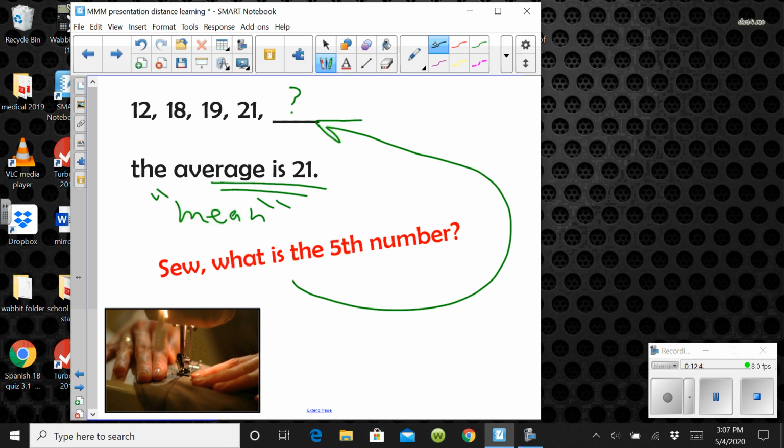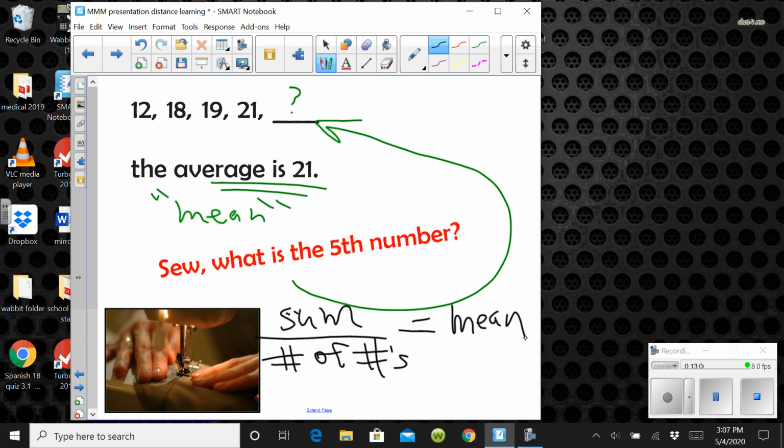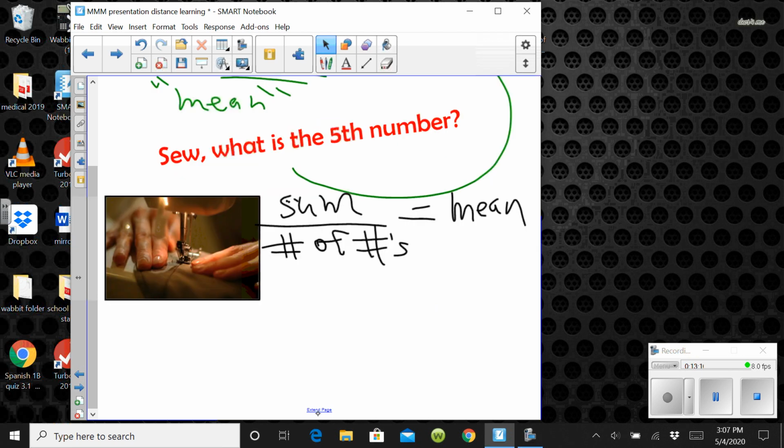But to find that number, think about what you do to find the mean, to find the average. You add them all up, right? You get the sum, and then you divide it by the number of numbers. Add them up and divide however many numbers there are, and you've got the mean. Right? Okay, so I'm going to slide that up a little bit. So now I'm going to do a little bit of algebra here real quickly, try to do it fast.